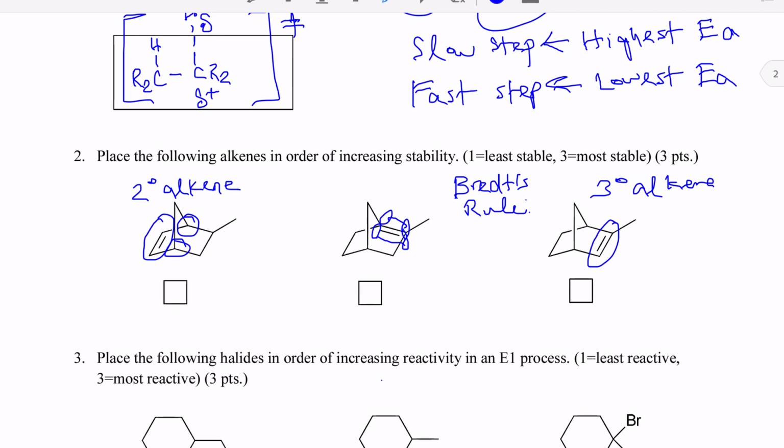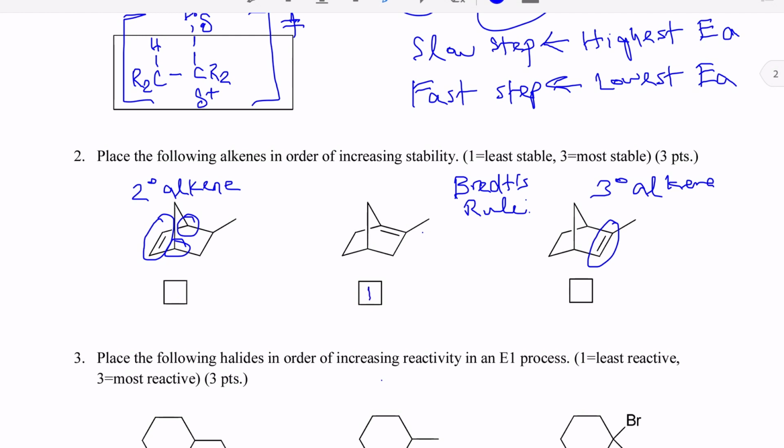So this is why Bredt's rule kicks in and tells us that if we have a ring that's not large enough to reduce the steric repulsion caused by this type of arrangement, we can cause this molecule to be very unstable. So out of all of these compounds, this compound right here would be the least stable.